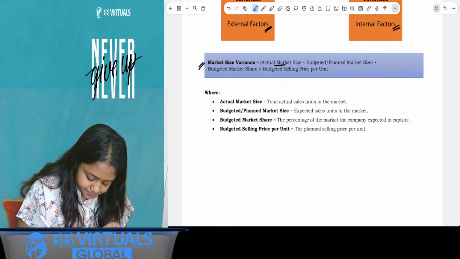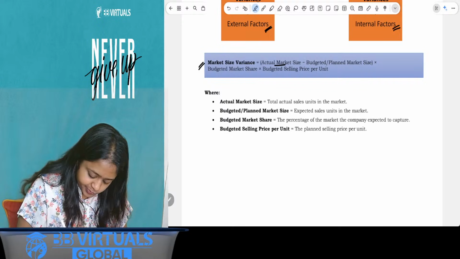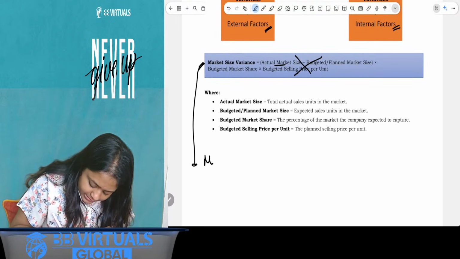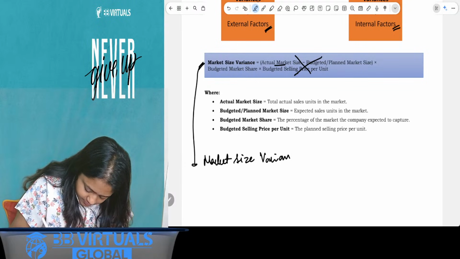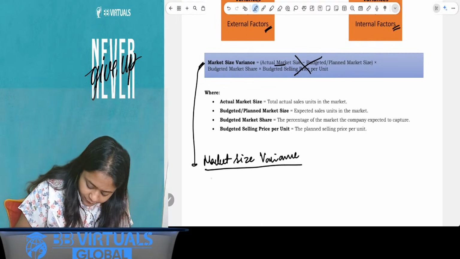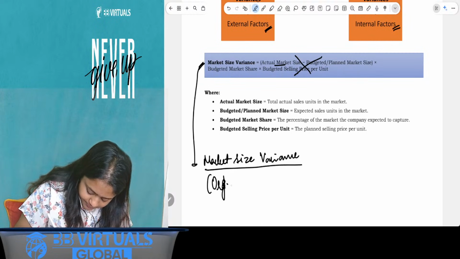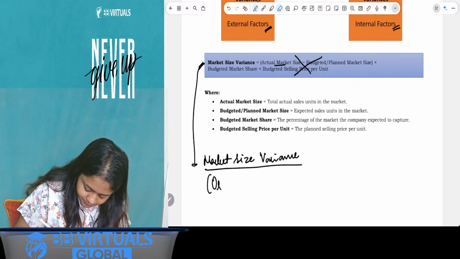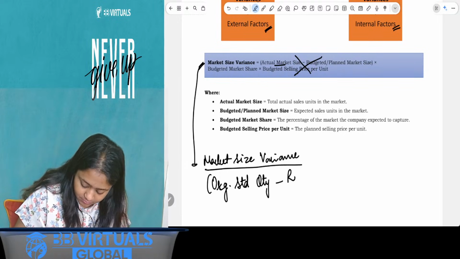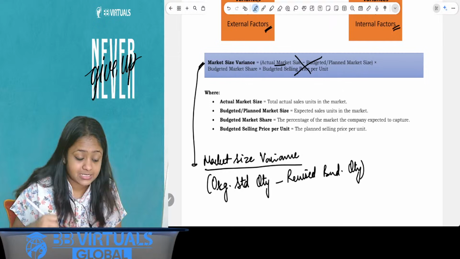There's a mistake. Look here. How do you calculate a market size variance? Okay, how do you calculate this? So you will simply take the difference between original standard quantity less revised budgeted quantity, right? That we take.